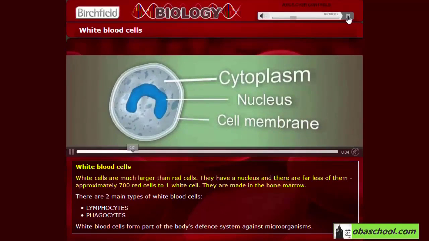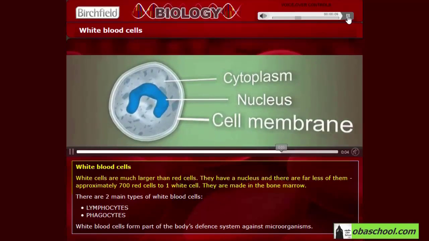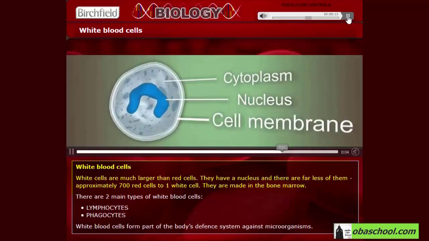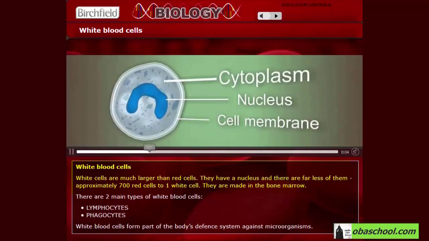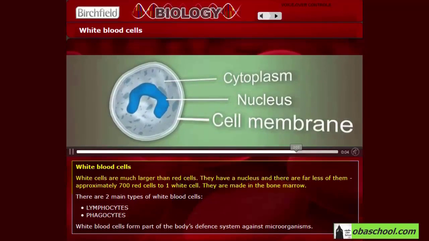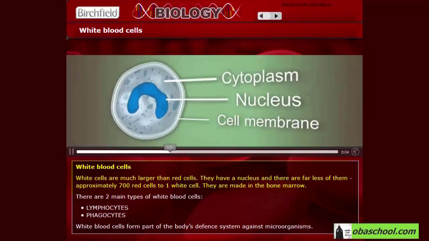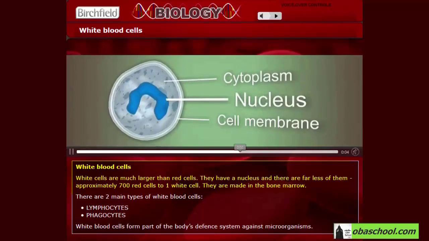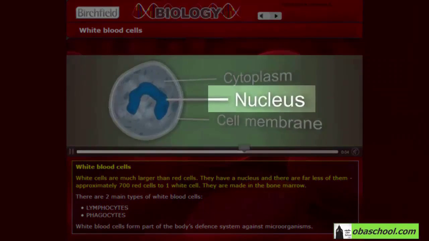They have a nucleus and they are far less than red blood cells. We have around 200 red blood cells to every 1 white blood cell, and they are made in the bone marrow. Now let's remember, red blood cells do not have a nucleus, but white blood cells do.